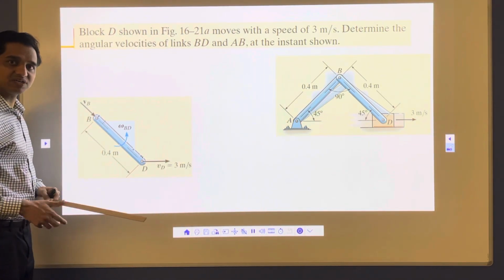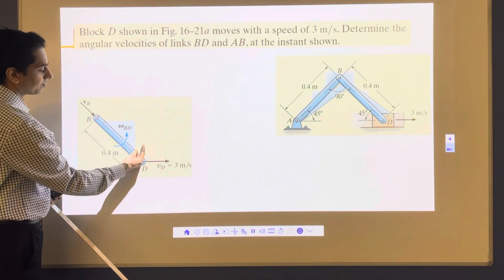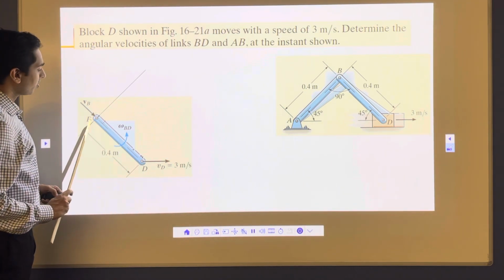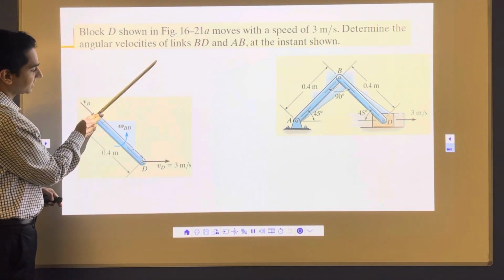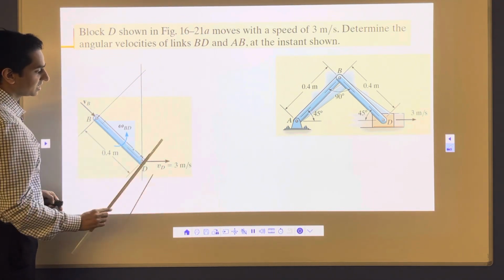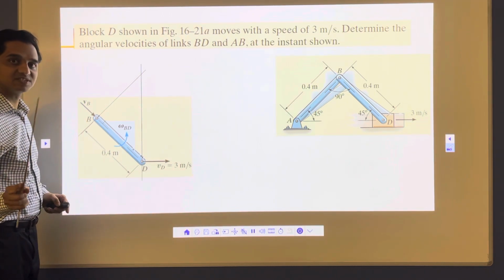To find the instantaneous center of zero velocity, I'm going to draw perpendiculars here and here. For V_B, the perpendicular will look something like this, and for V_D, the perpendicular will look something like this, and wherever they meet, that will be my instantaneous center of zero velocity.